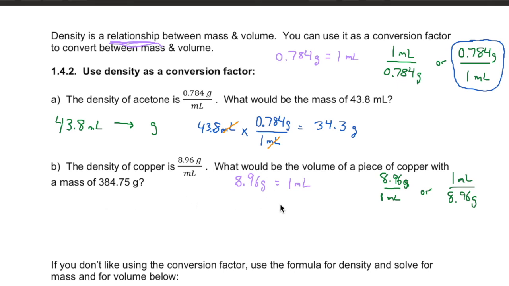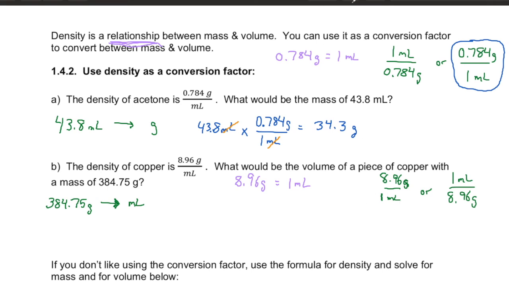Let's do the same thing with this problem. Here's our relationship. For copper, 8.96 grams is equal to 1 milliliter. That one relationship can be written as two different conversion factors. And here we know the mass of the copper, and we want to talk about the volume, the milliliters. So we're converting grams to milliliters without changing the amount.